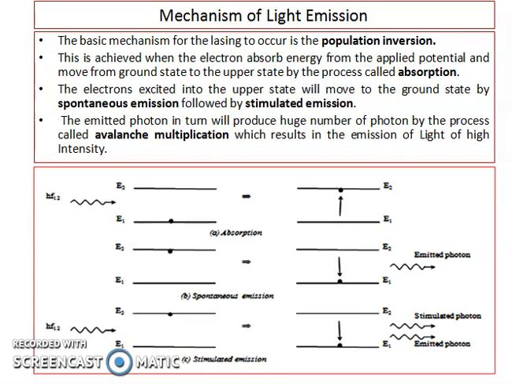Now all these processes are well explained in the diagram shown. Here we find that the electrons absorb energy and move from the lower energy level to the higher energy level, and the electrons reaching the higher level return back to the lower energy level, and some photonic energy is emitted, which we call spontaneous emission.